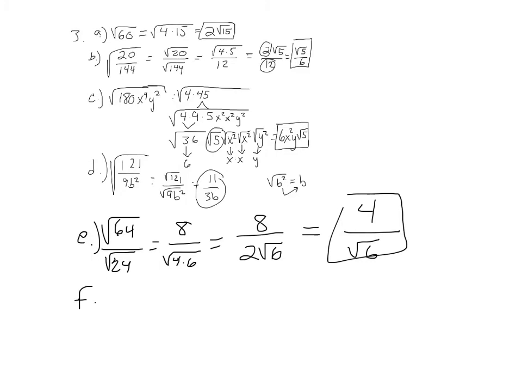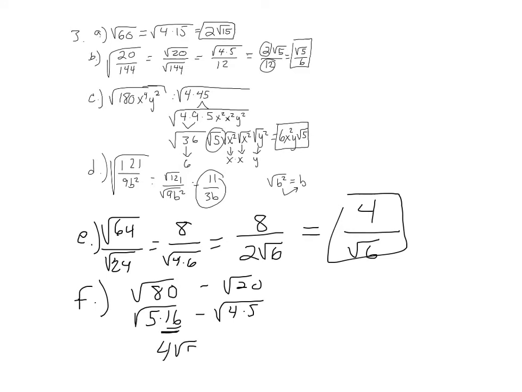And F. The square root of 80 minus the square root of 20. Now, 80 definitely has a 10, but 10 and 8 doesn't help as much. It definitely has a 5 involved. 5 times, oh my goodness, 16. I'm going to look at that square root. Minus 4 times 5 is 20. And this looks good because I know the square root of 16 is 4, and you're left with the square root of 5.